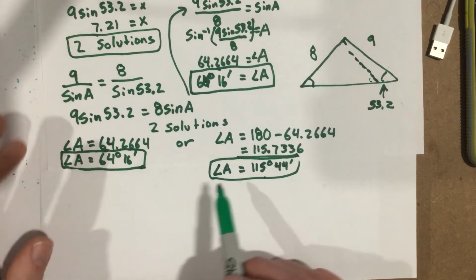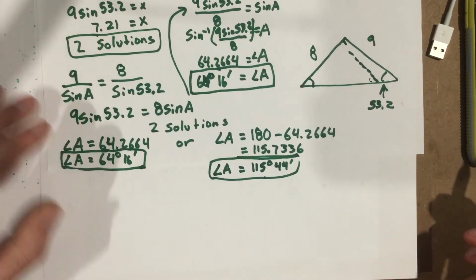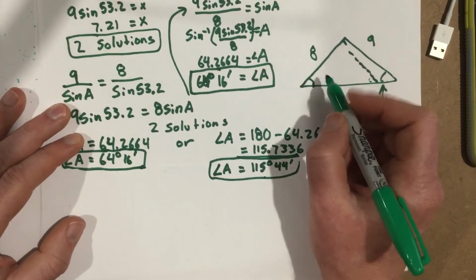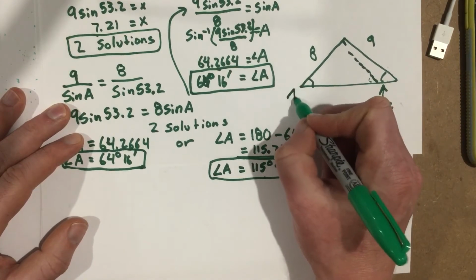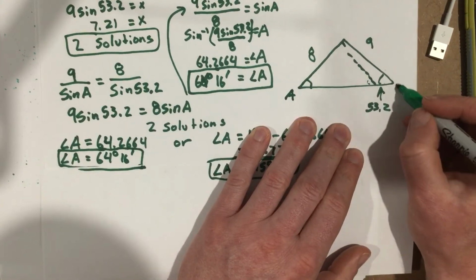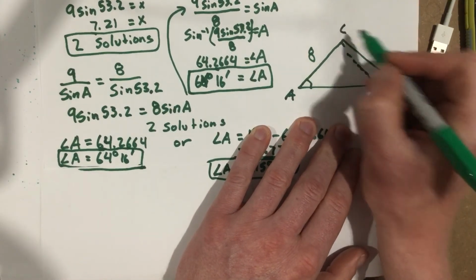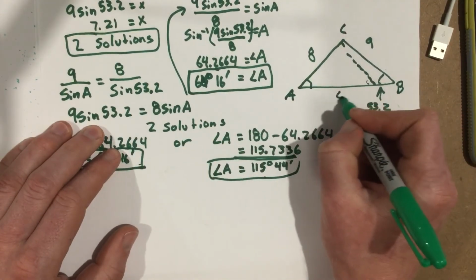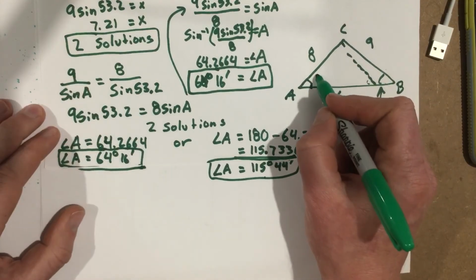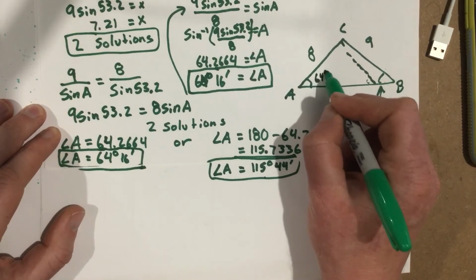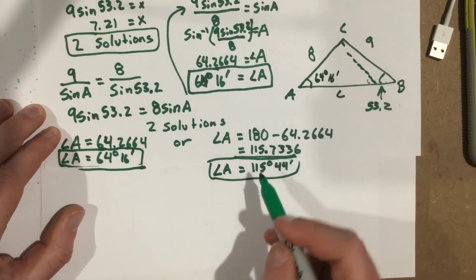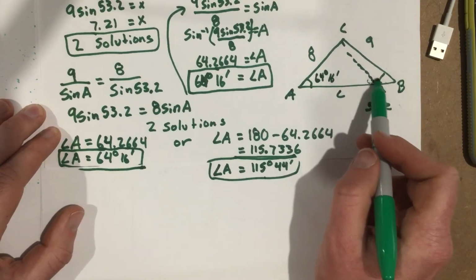Once we get angle A, we can actually find our angle C. So this was A, this was B, and this was C, right? And we need to find the little c. We just found angle A. We know this to be 64 degrees, 16 minutes, or it's 115 degrees and 44 minutes if we're on this one.